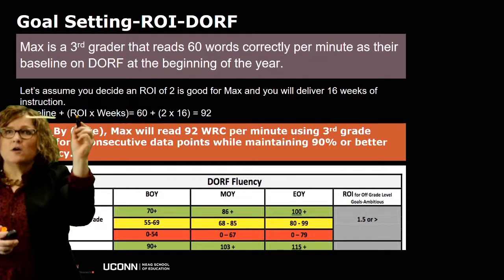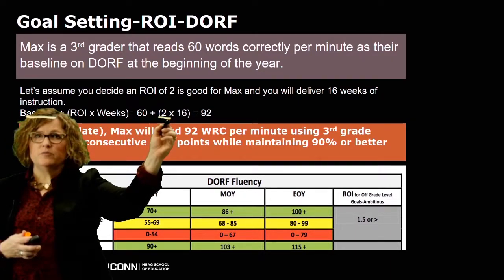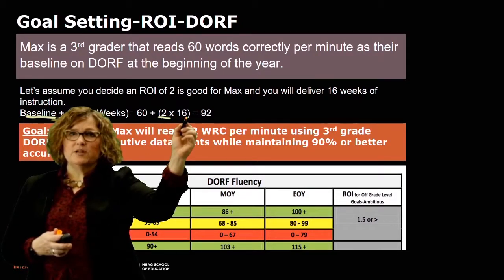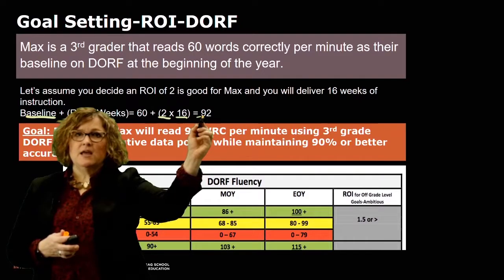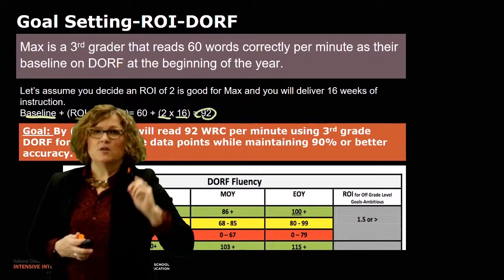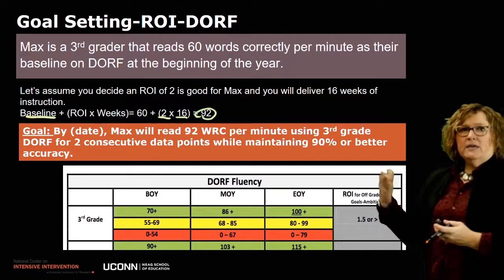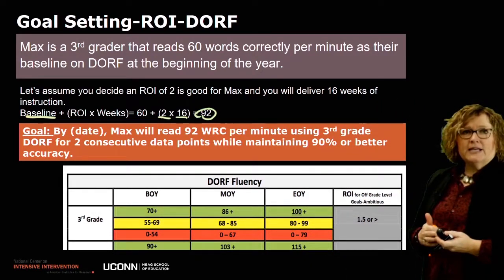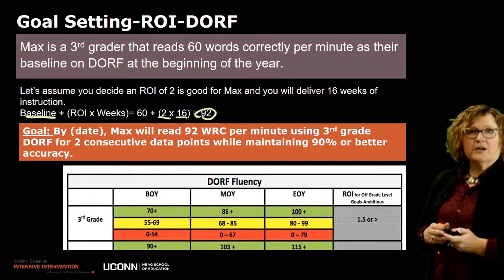We take the ROI times the number of weeks, so we've got our rate of improvement we said was 2 times the number of weeks, so that would be 32, added to 60, and Max's long range goal would be 92. By the date, Max will read 92 words read correctly per minute using third grade DIBELS oral reading fluency for 2 consecutive data points with that 90% or better accuracy.